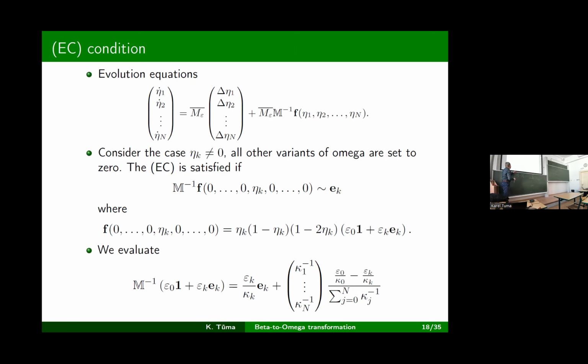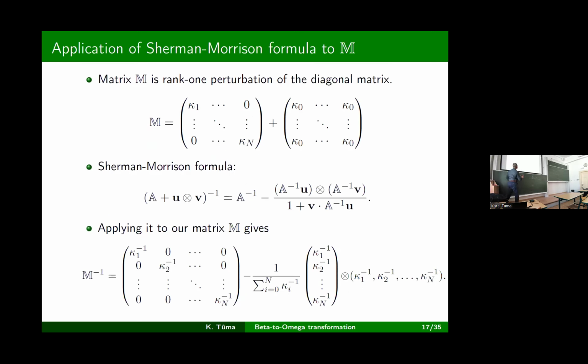To compute an inverse, we use the Sherman-Morrison formula, because in fact the matrix M is just a rank one perturbation of a diagonal matrix. This is a diagonal matrix where on the diagonal we have kappa 1 to kappa n, and then we have a matrix where all components are equal to kappa 0. The Sherman-Morrison formula looks like this.